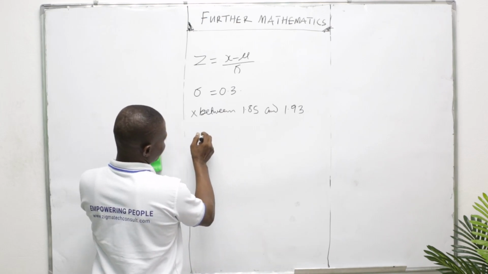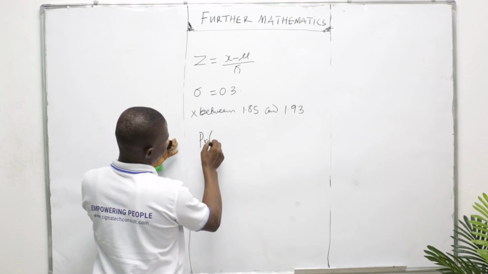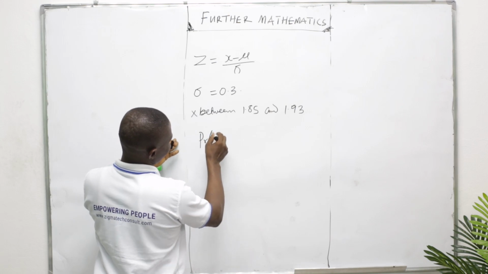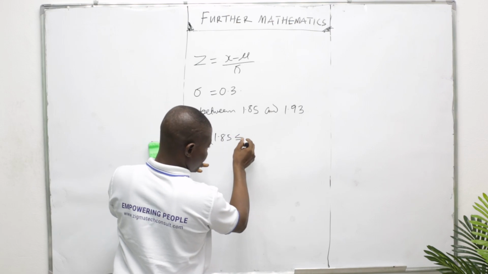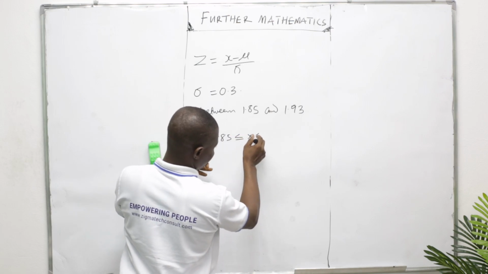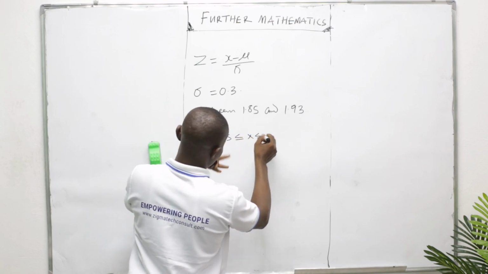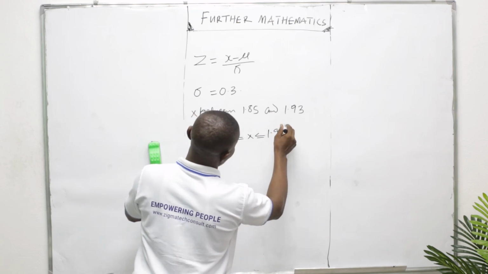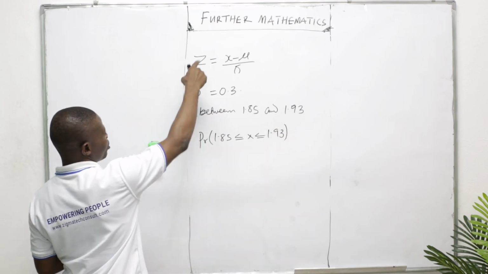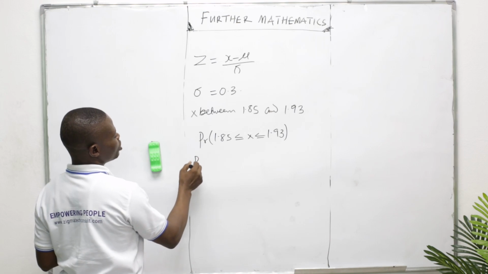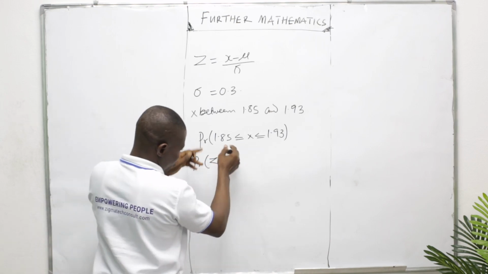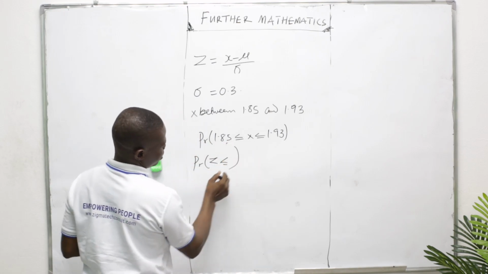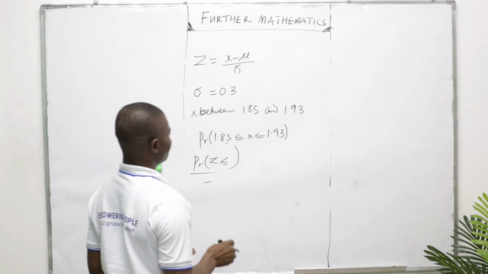So look at the first Z. I will say P of 1.85, that's X, less than or equal to 1.93. Now, for the Z score, as P of Z less than whoever we're going to get for the first value here. So let's keep it first.